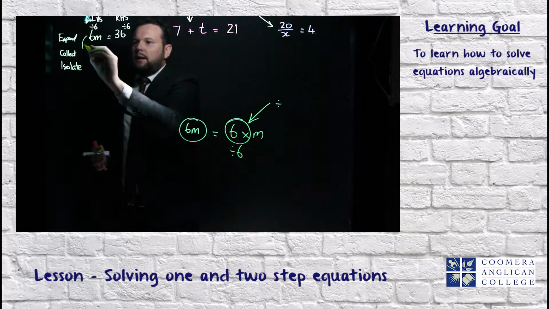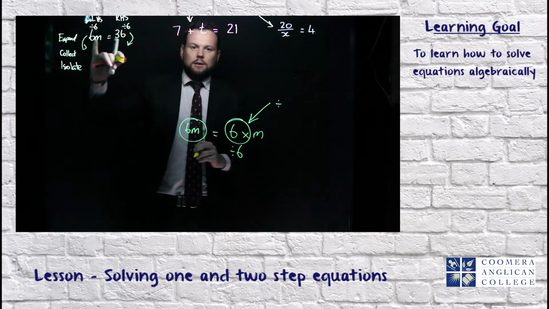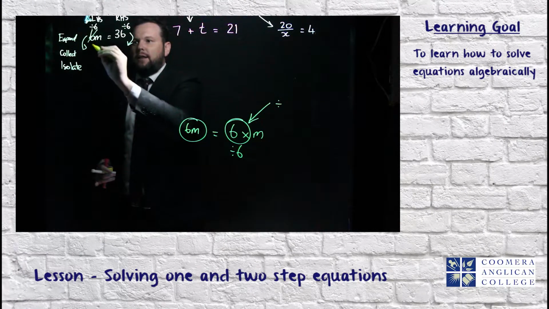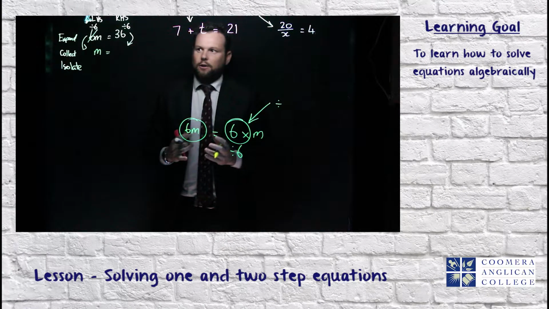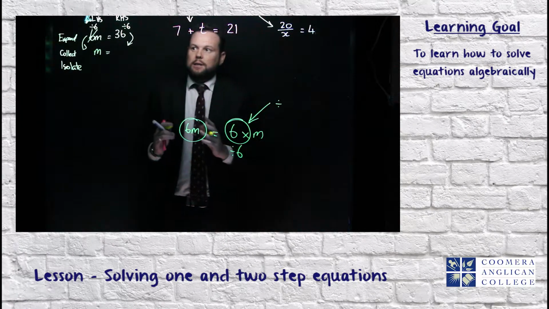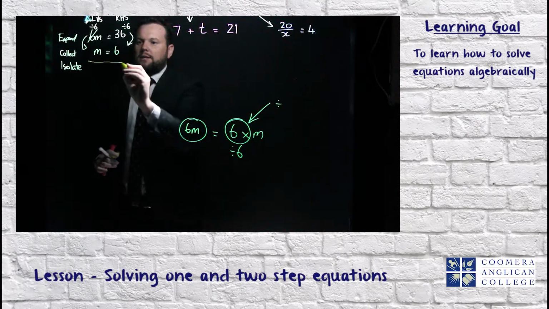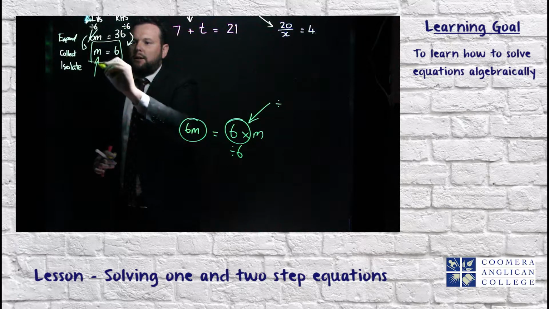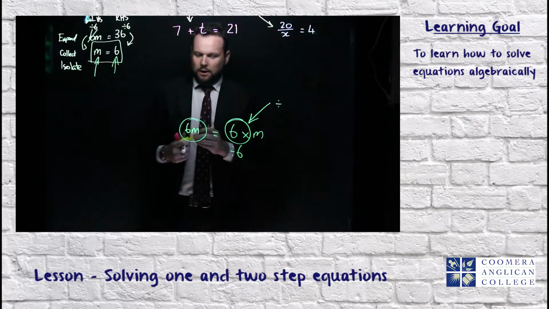Then we have a new line of working, and 6 divided by 6 cancels out that 6 for me. So I've isolated my variable and I'm just left with an m. But over here I do 36 divided by 6, which gives me 6. So all of a sudden I've isolated my variable to the left-hand side, and I've got my constant term on the right-hand side.